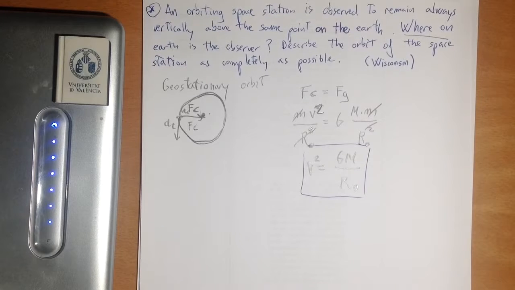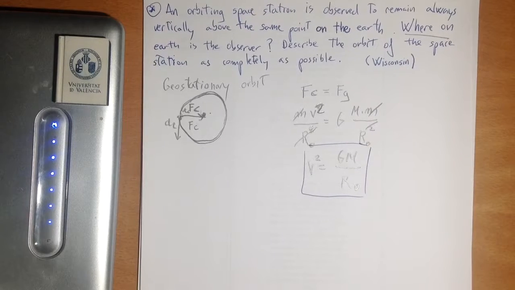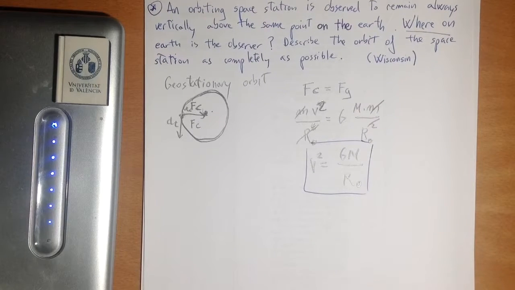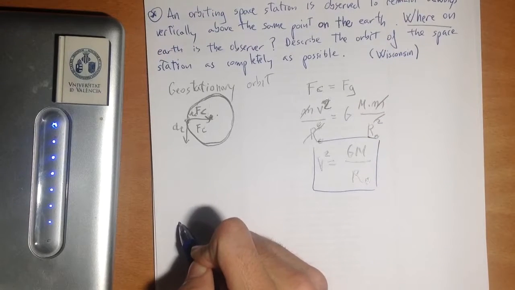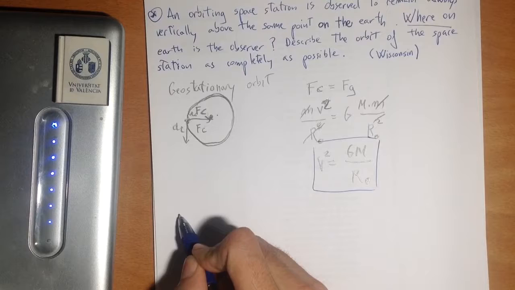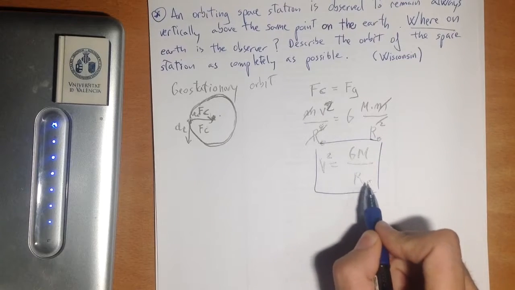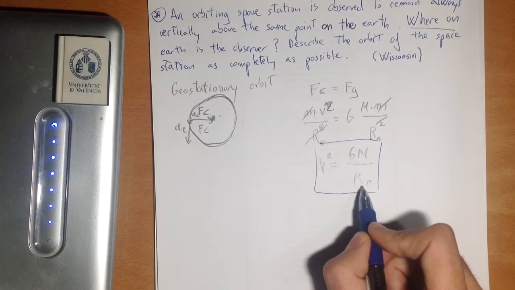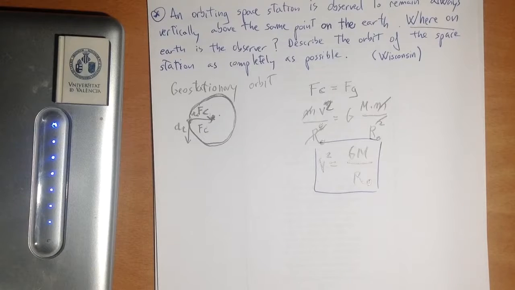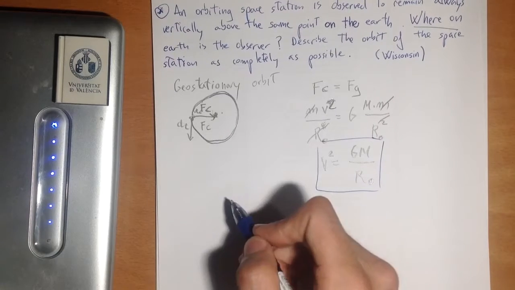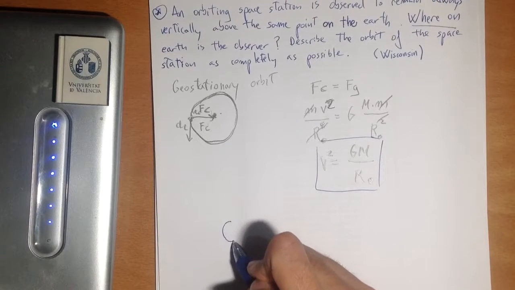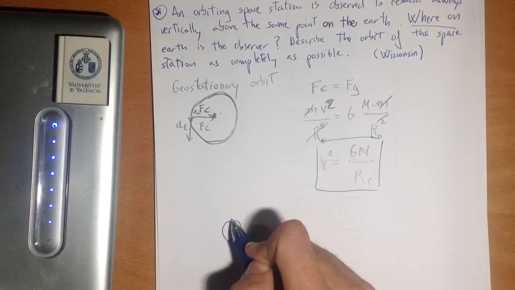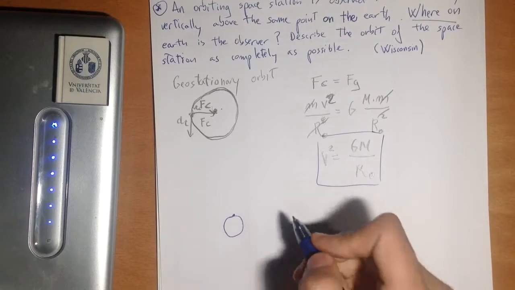So let's go further. Now we have the velocity as a function of the radius of the orbit, but let's express it in terms of the Earth. Let's imagine we take that mass on the Earth's surface.